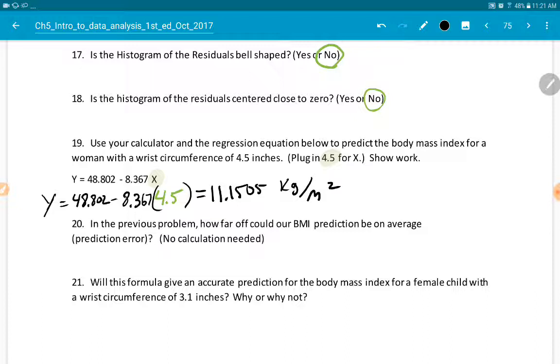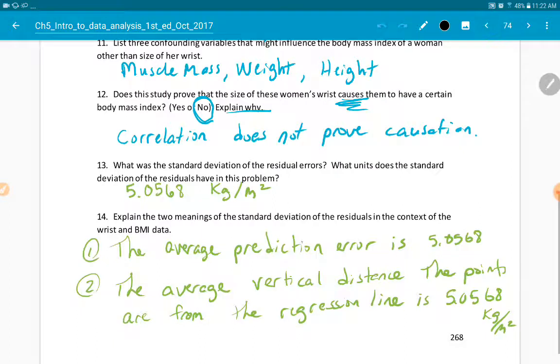Okay, number 20 in the previous problem, how far off is our BMI prediction on average? Our average is the average prediction error, or the standard error, which was 5.0568.